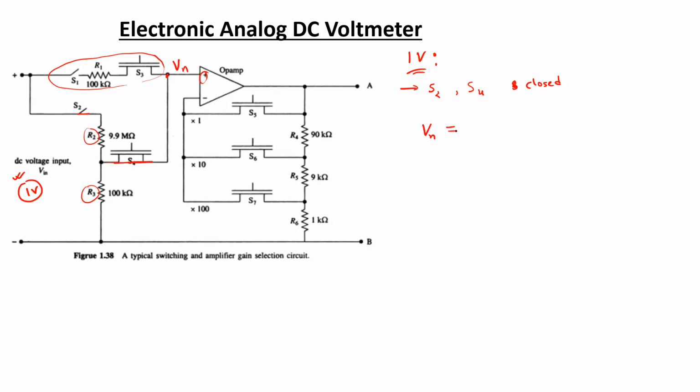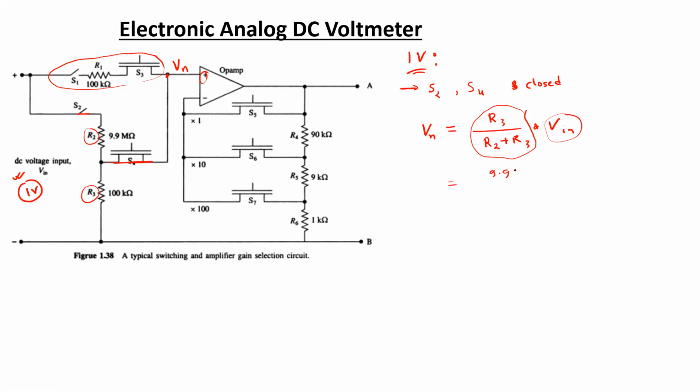It would be equal to R3 divided by R2 plus R3 times Vin, the input voltage that is considered to be a maximum of 1 volts in this case. So this combination is going to scale down the input voltage by a certain amount. And what will be the amount?